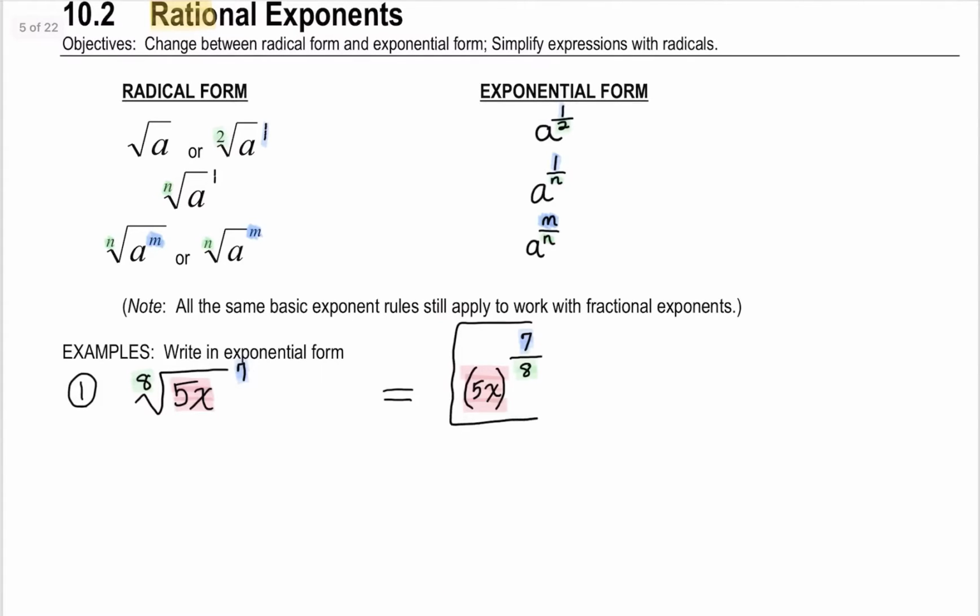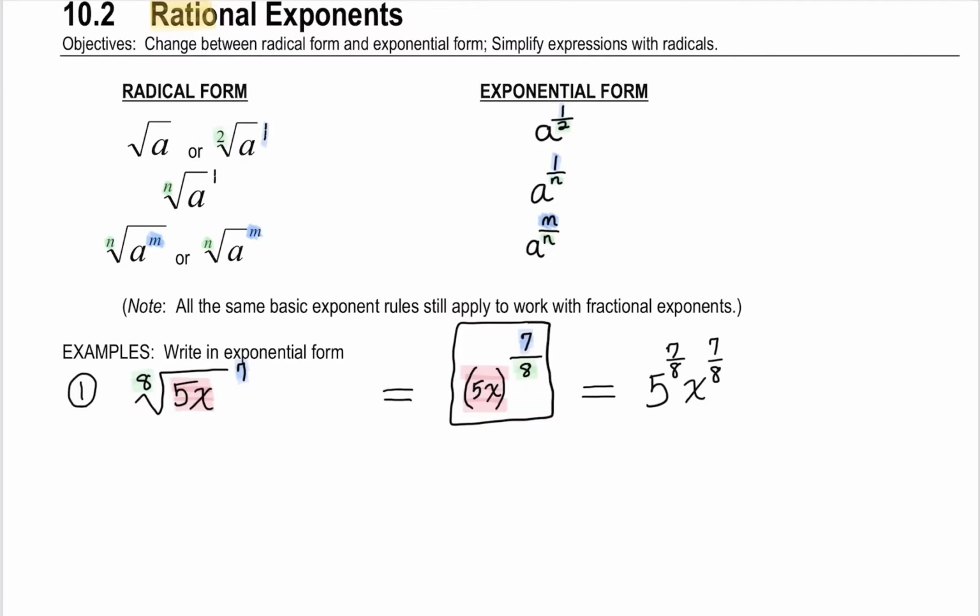Okay, the only other thing, if we wanted to write it this way, I suppose we could say a product can be raised to that outer power, with each factor raised to it. So I suppose we could write it as 5 to the 7/8 times x to the 7/8. That would actually be mathematically equivalent.